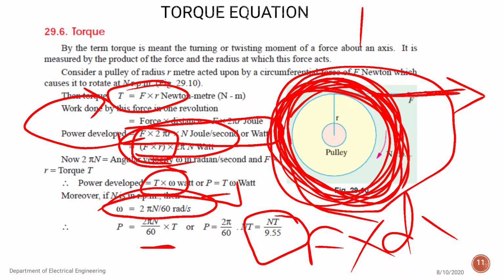Here N is the speed, T is the torque, and 9.55 is a constant numerical value. So this is the torque equation.